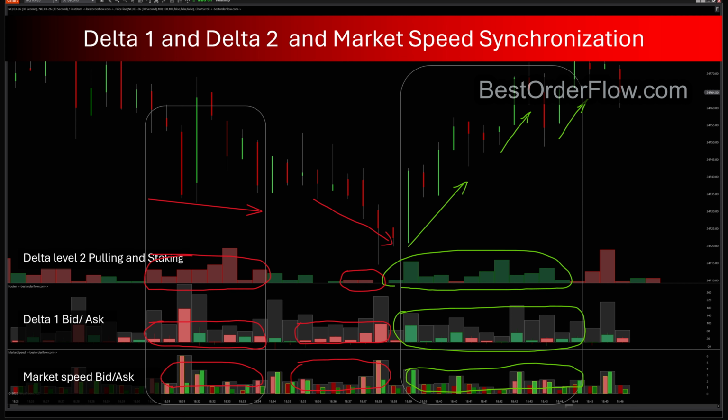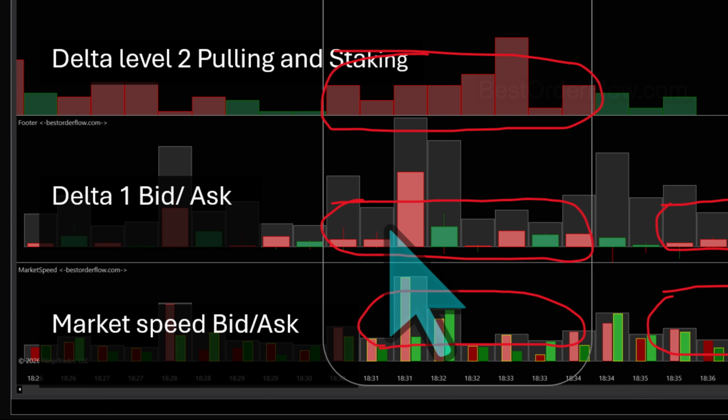If you want to be granular, you can use the market speed, because this shows who was the last in this candle. Like in this one, a lot of delta 2. And the last on the bid and ask was who? Sellers, red. And there is a yellow outline around it, because the sellers were the last in this very candle on the bid and ask who increased momentum. It is the speed or acceleration.